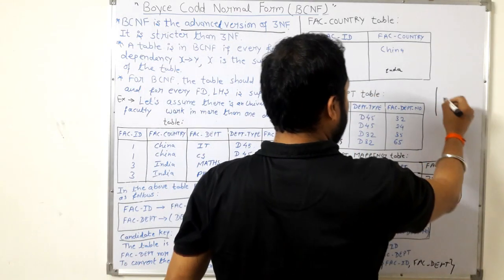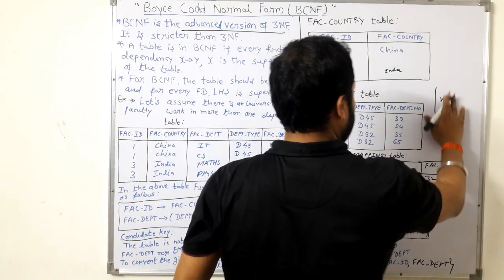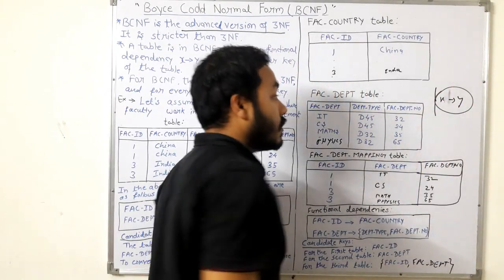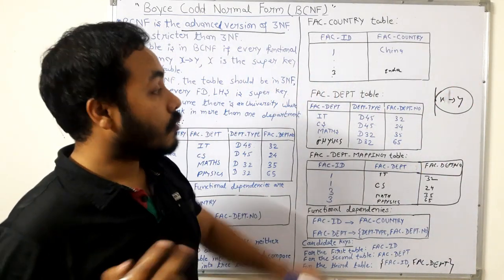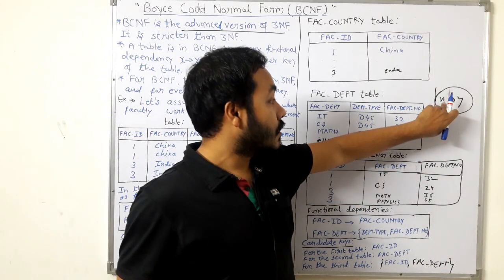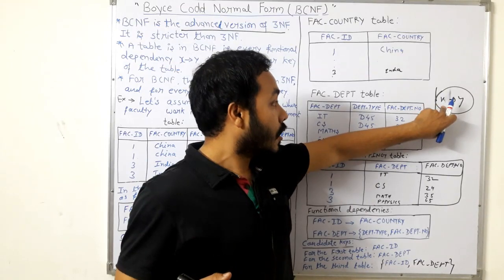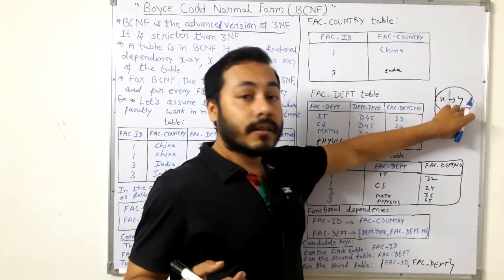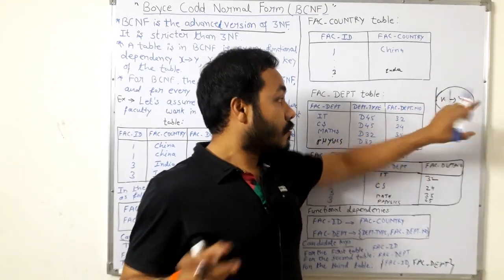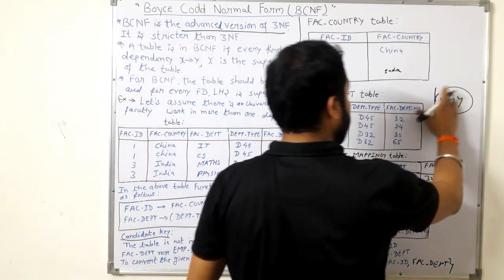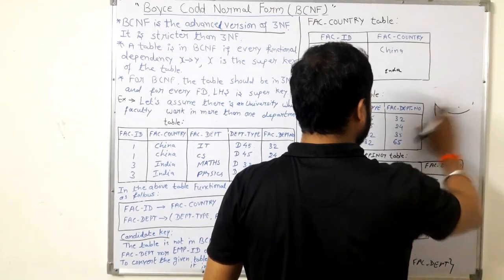Suppose I am considering X implies Y to be a functional dependency to be in third normal form. There are two conditions: either X is a key or super key, or Y is a prime attribute, meaning it may be part of a super key. If any of these conditions is satisfied, then we can say that it is in third normal form.